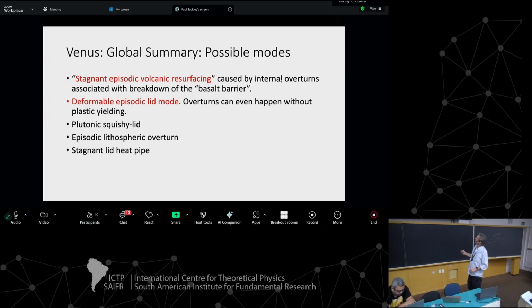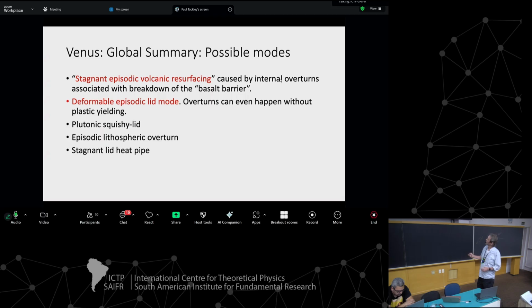Anyway, combining these new modes with modes that you knew about before, there are actually quite a few possibilities for the tectonics of Venus. There's the stagnant episodic volcanic resurfacing, which I showed you. That's where the lithosphere doesn't actually subduct ever, but you get these bursts of volcanism from time to time.